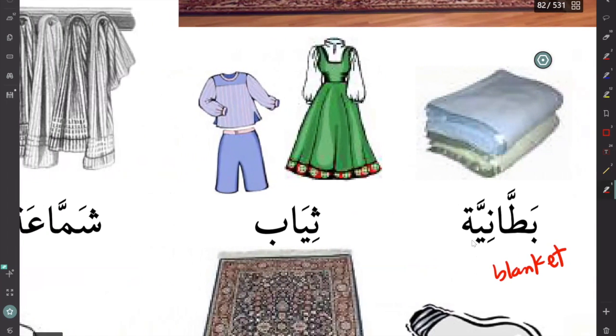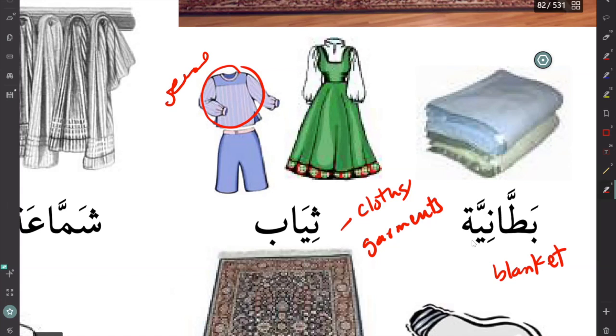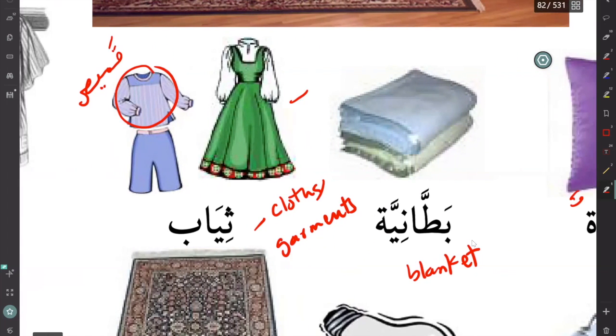Thiyab is clothes, which can be garments. As you can see, we have different kinds of clothes here. So we have a qamis, and remember we studied this one. What do you call this dress? So we say what?